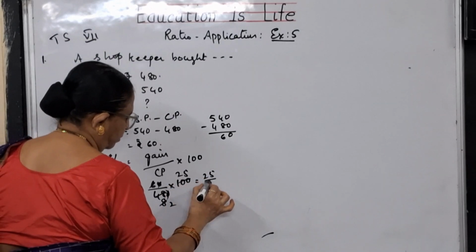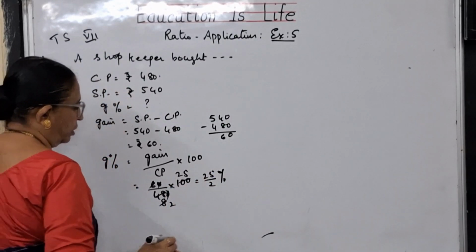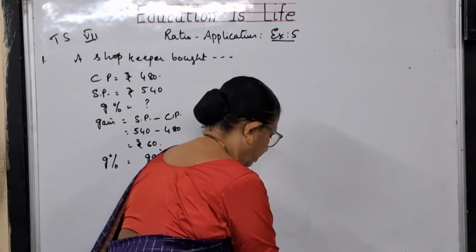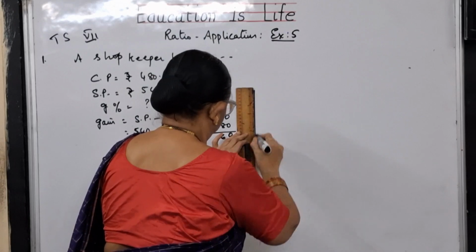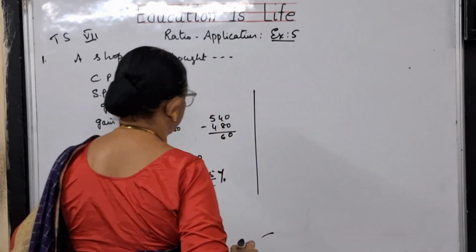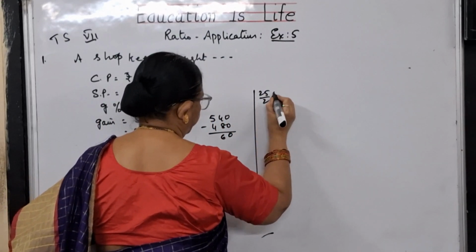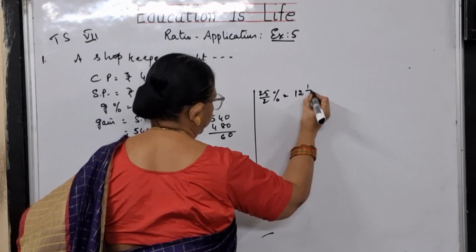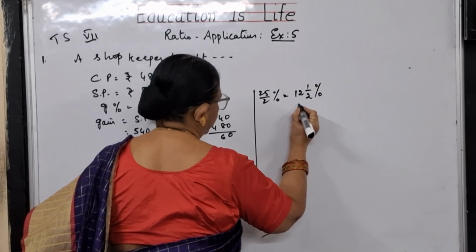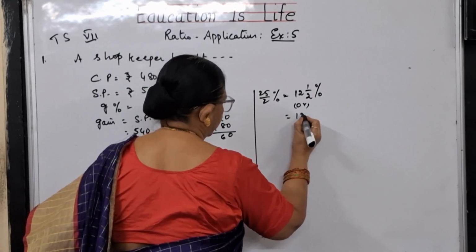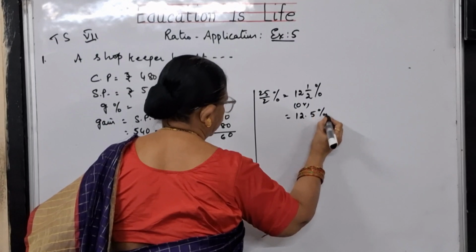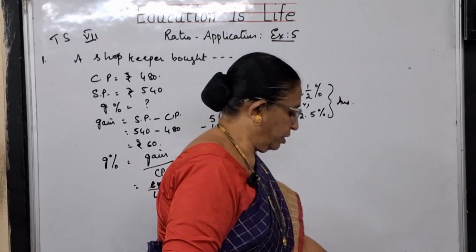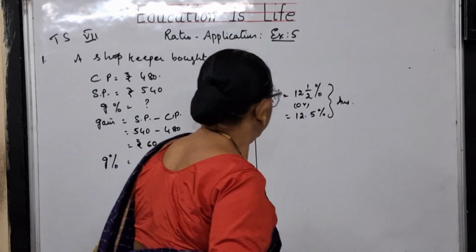So you are getting 25 by 2 percent. 25 by 2 percent can also be written as 12 1 by 2 percent, or you can even call it 12.5 percent. Anything is considered as the answer for this problem, children. Please copy it.